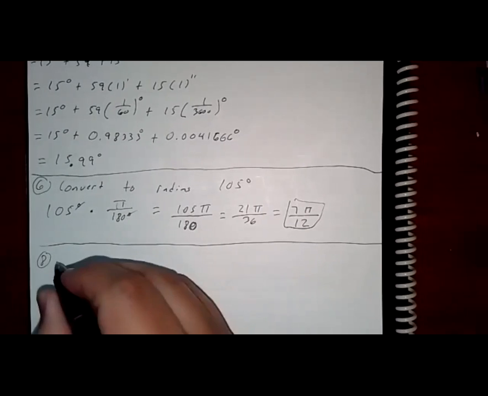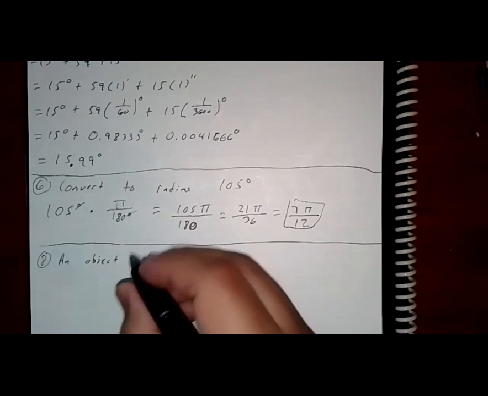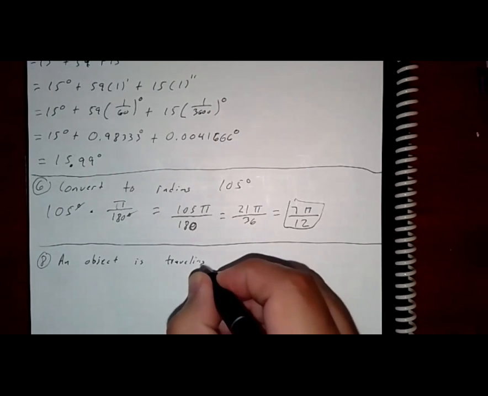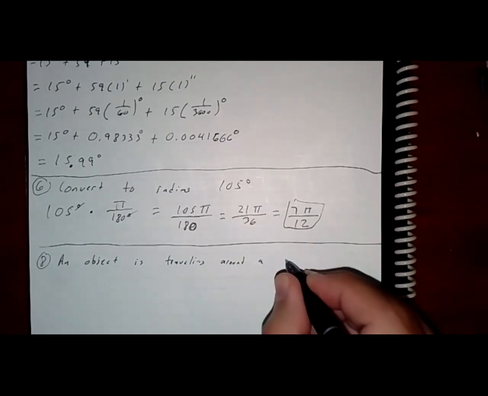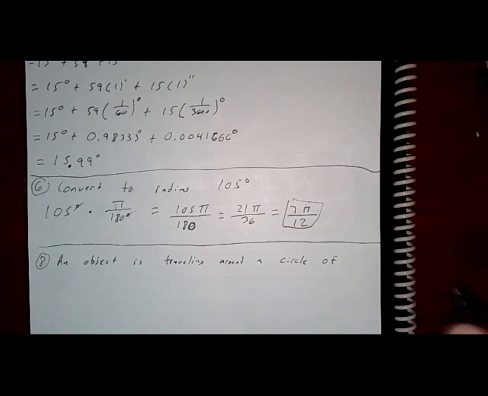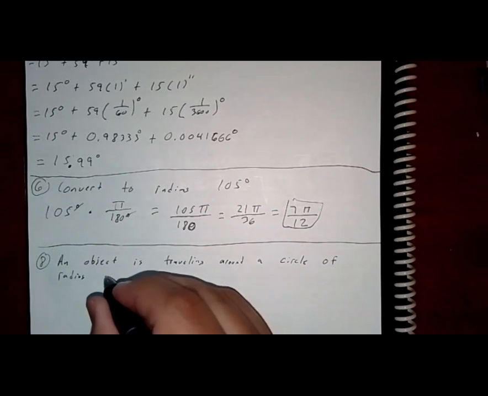Okay, number 8 says an object is traveling around a circle of radius 10 centimeters.